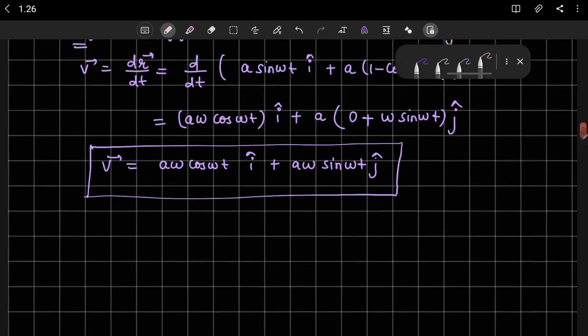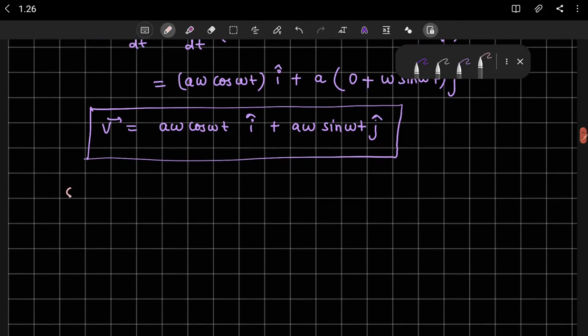Now in order to find the magnitude of the velocity vector, the speed is equal to the magnitude of the velocity vector. As i cap and j cap are perpendicular to each other, we can take the square of these two components and then take the square root.